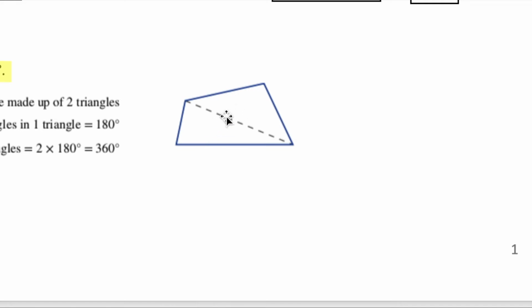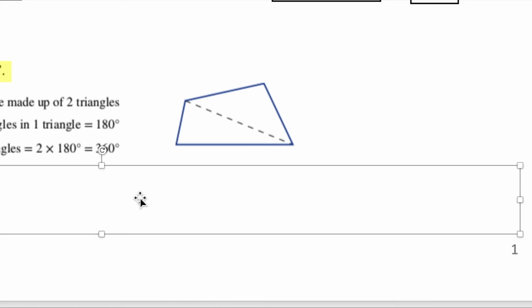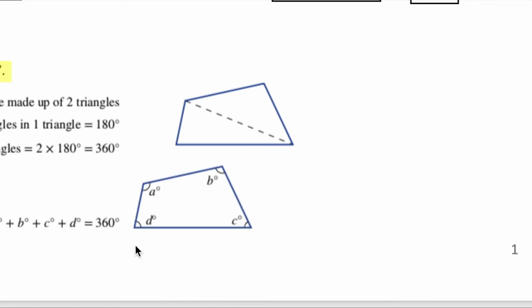We know that in each triangle the internal angles add up to 180. Therefore, the two triangles add up to 360. We can write this like this: the internal angles of any quadrilateral, if we call them A, B, C, and D, will add up to 360. Wonderful.